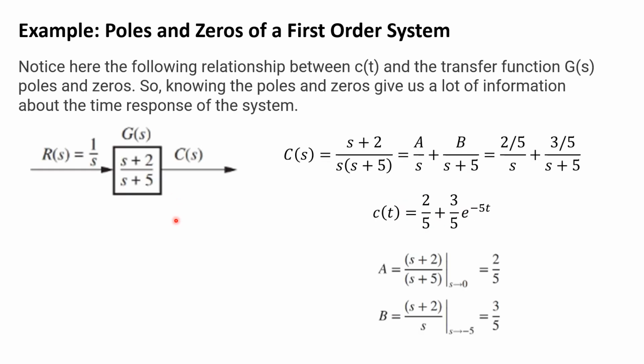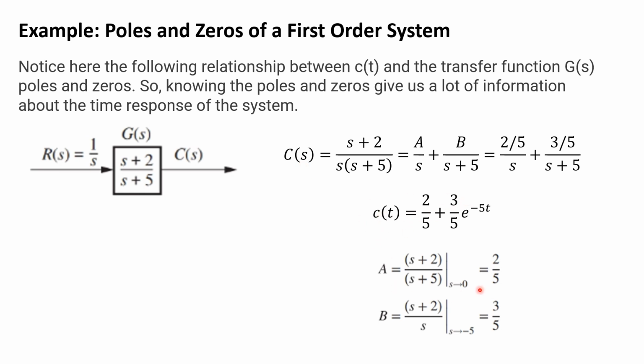So let's take a moment to notice the following relationship between the c(t) in the time domain, and also how that relates to the transfer function G(s). So here's C(s). We found that A was 2/5 and B was 3/5, and we did an inverse transform of C(s) to find the c in the time domain.